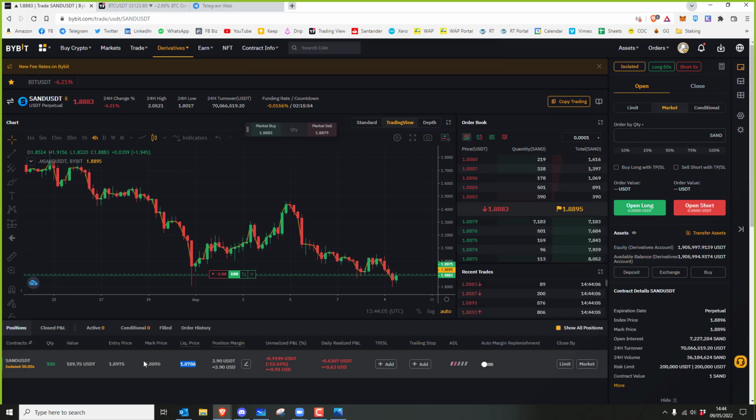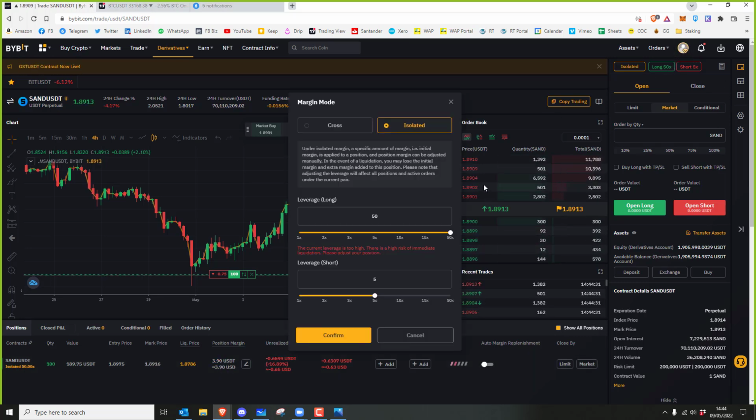So look at the price, the price here is 1.87. So yeah, I can have 50x leverage, but if the market price goes down even basically $1, the trade is bombed out. But look at the position margin. To have the same trade to buy 100 SAND, it's only used $3.90. You do not want crazy leverage.